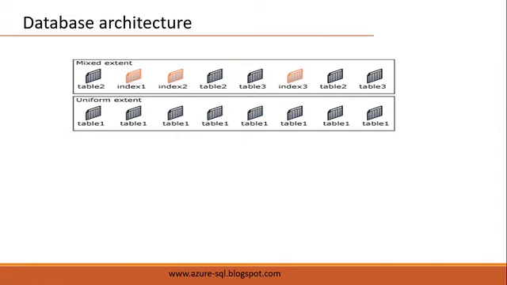But once the table size reaches above 64 KB, above 64 KB means how many pages? 8 pages. Automatically, those table pages are taken into a separate extent, which is called a uniform extent. Clear, right? What is a mixed extent? What is a uniform extent?